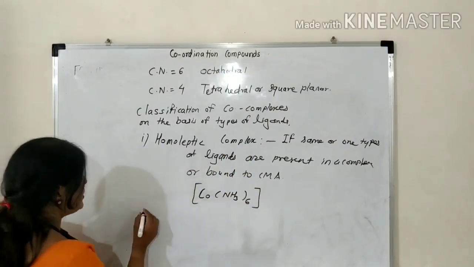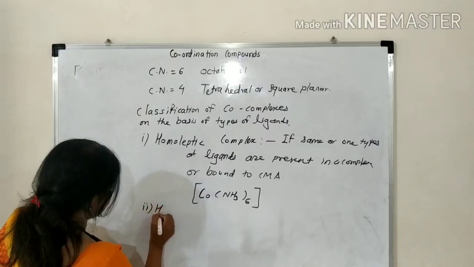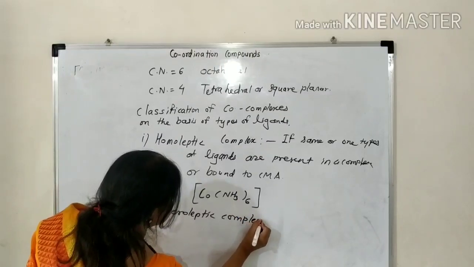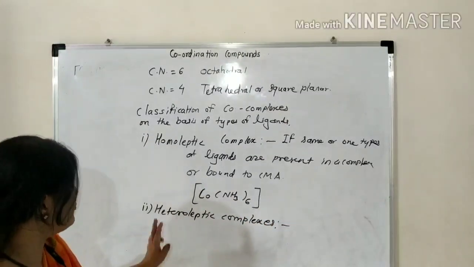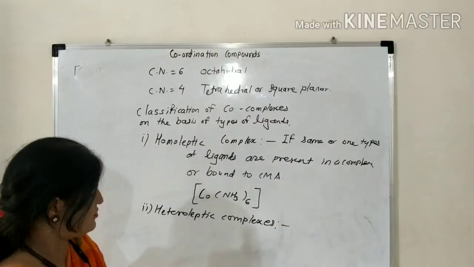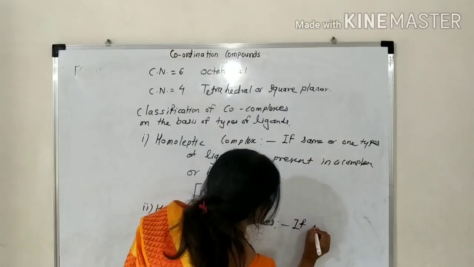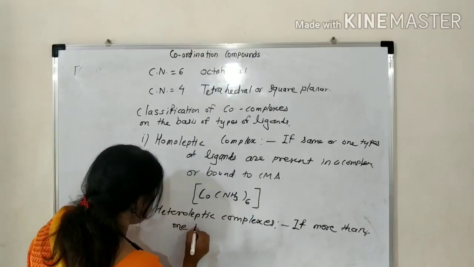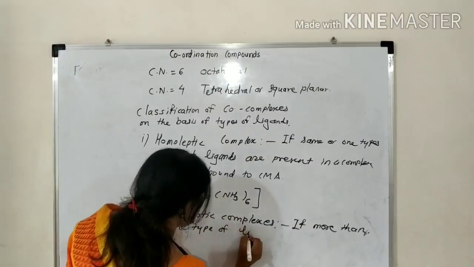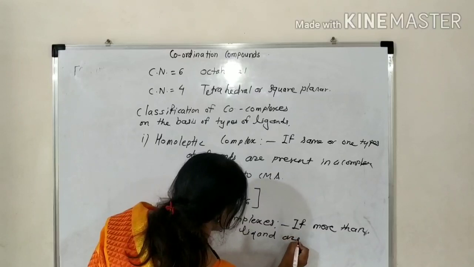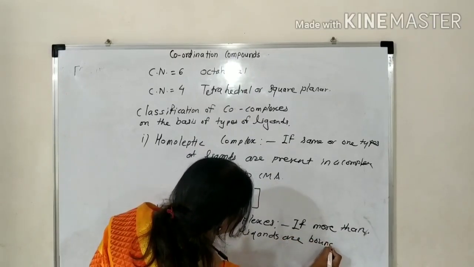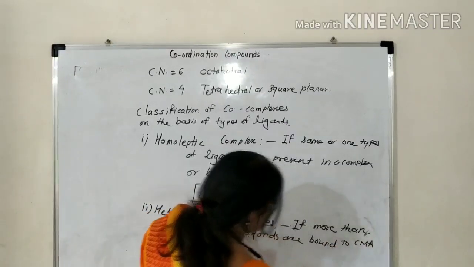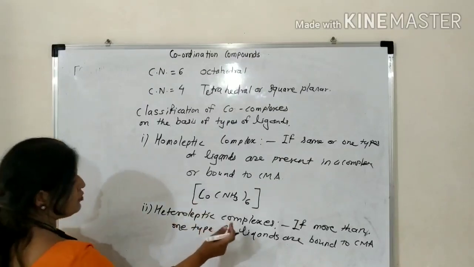Okay. Then second is heteroleptic complexes. Hetero means different. If more than one type of ligands are bound to the central metal atom, then that complex is called heteroleptic.